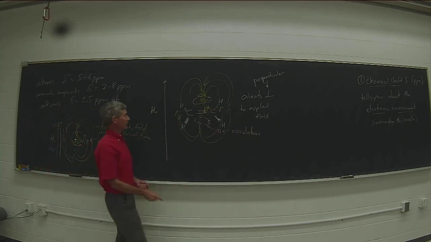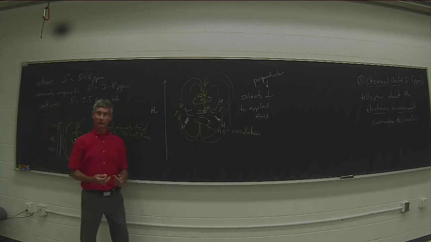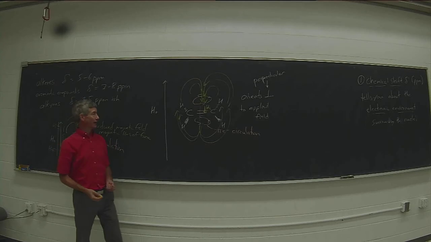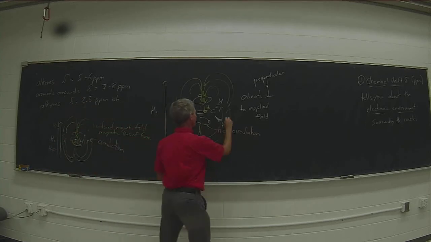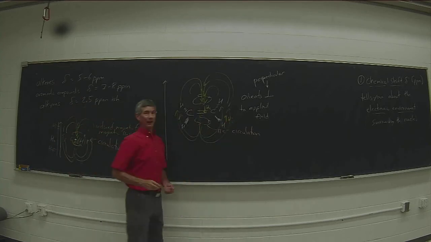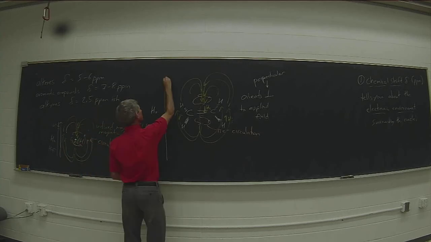The difference is that in the center of the circulation, in the center of the pi bond, there aren't actually any nuclei. The nuclei are out here. And where the nuclei are, the induced field actually reinforces the applied field.